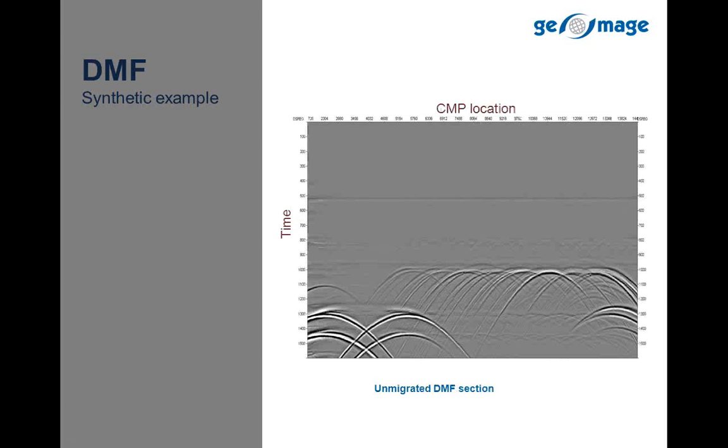Using multifocusing diffraction approximation and multifocusing diffraction imaging, we separated diffraction from reflection components. The diffraction image shows mostly the diffractive component, all these hyperbolas in the unmigrated domain, and a small residual reflected component.